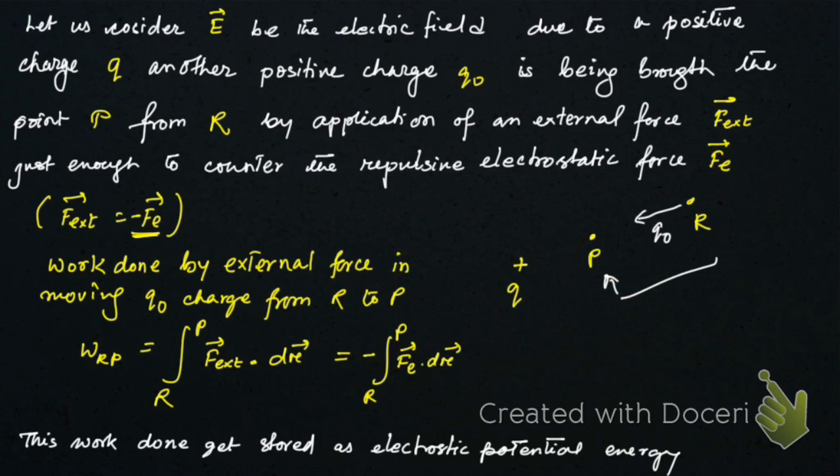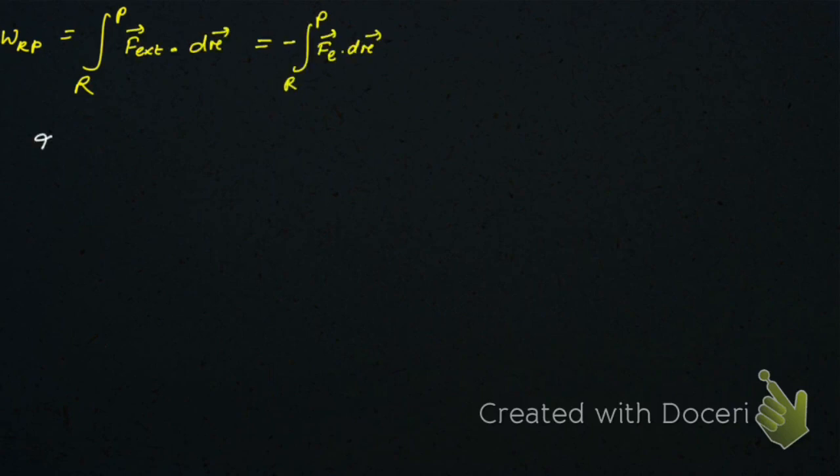This energy is equal to the potential difference between these two points, P and R. Now let me go to the next slide and write the last expression again. This is the last expression we have got.